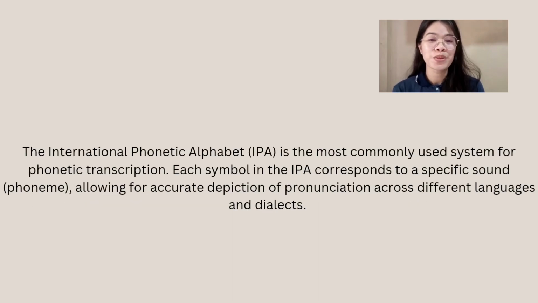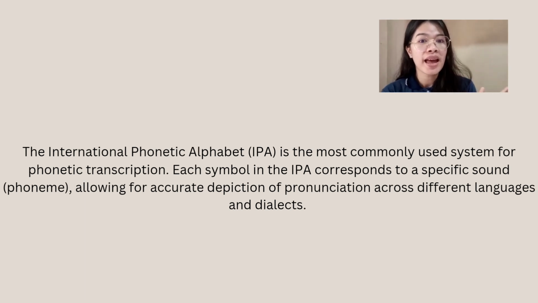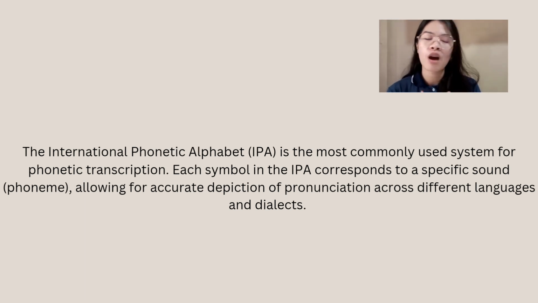These symbols are under the International Phonetic Alphabet, or what we call IPA, and it is the most commonly used system for phonetic transcription. Each symbol in the IPA corresponds to a specific sound or phoneme, allowing for accurate depiction of pronunciation across different languages and dialects.